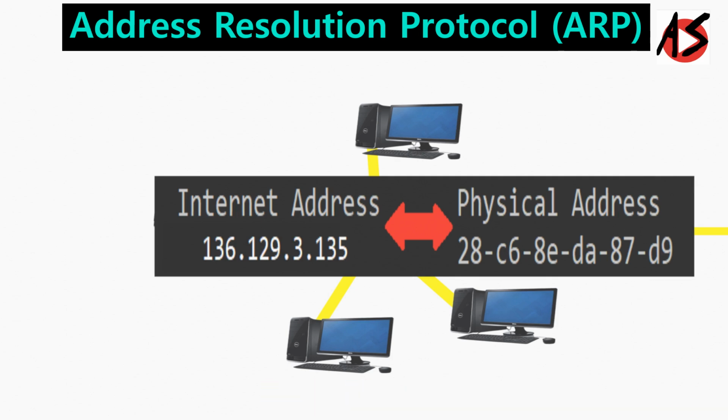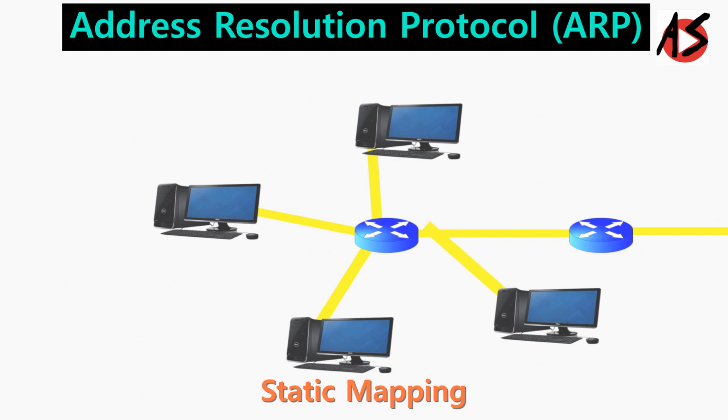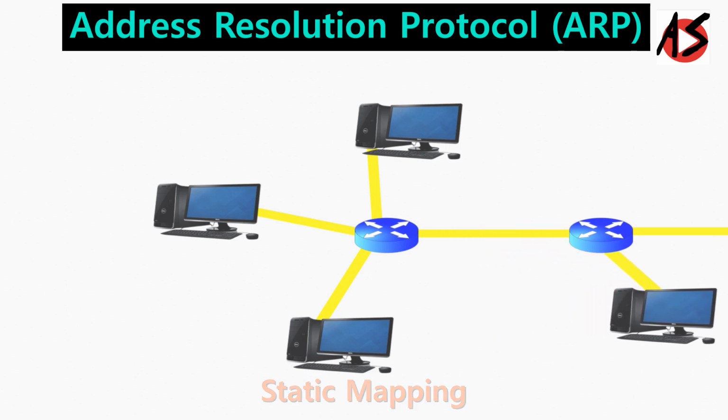This has some limitations because a physical address may change due to a change in the NIC. A mobile computer can move from one physical network to another, resulting in a change in its physical address. To implement this change, a static mapping table must be updated periodically.